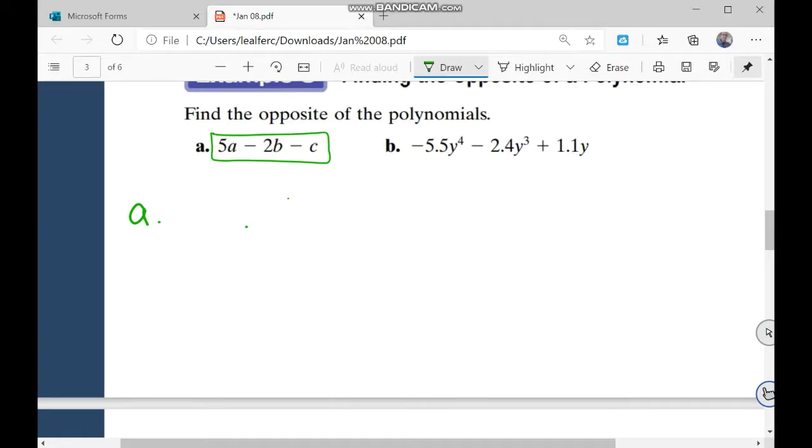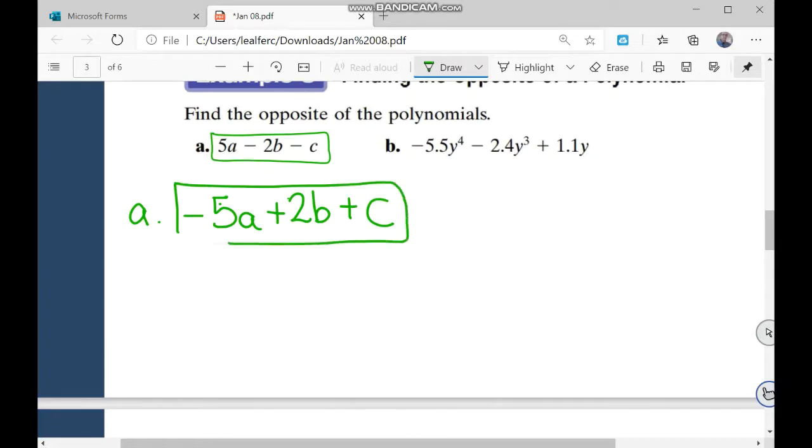So go to the first term here. The opposite of 5a is -5a. The opposite of -2b is +2b. And the opposite of -c is +c. That means this is the opposite of that polynomial here. Okay?